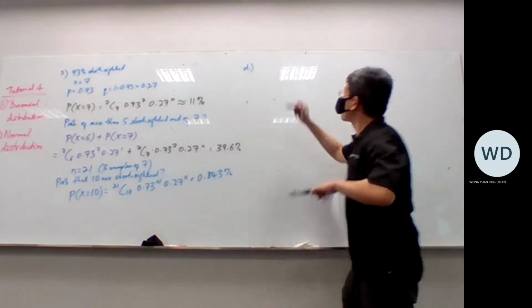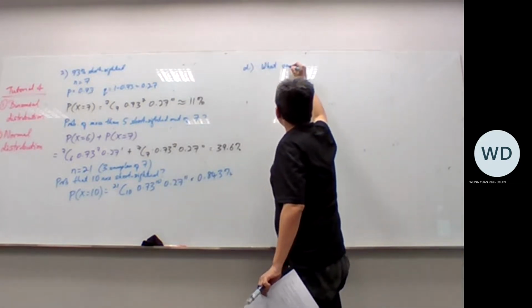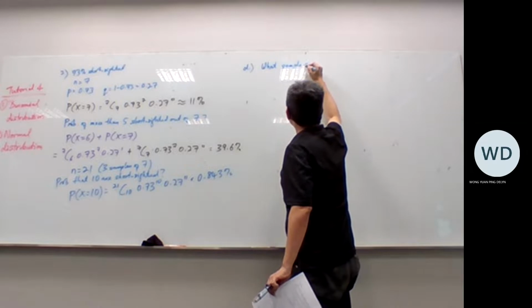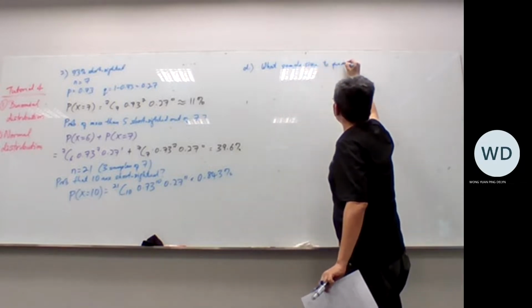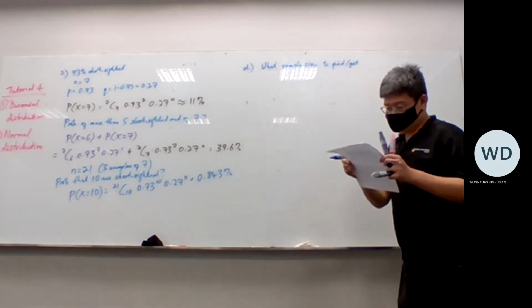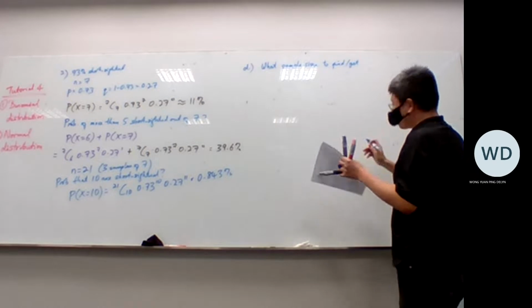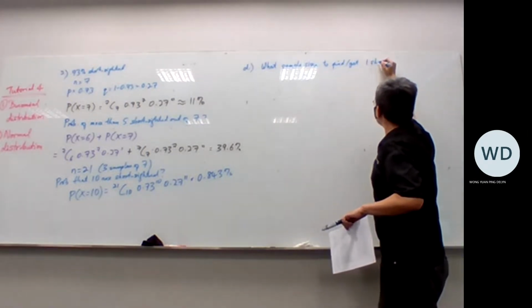The question is, what sample size you must have to find out essentially one short-sighted person.